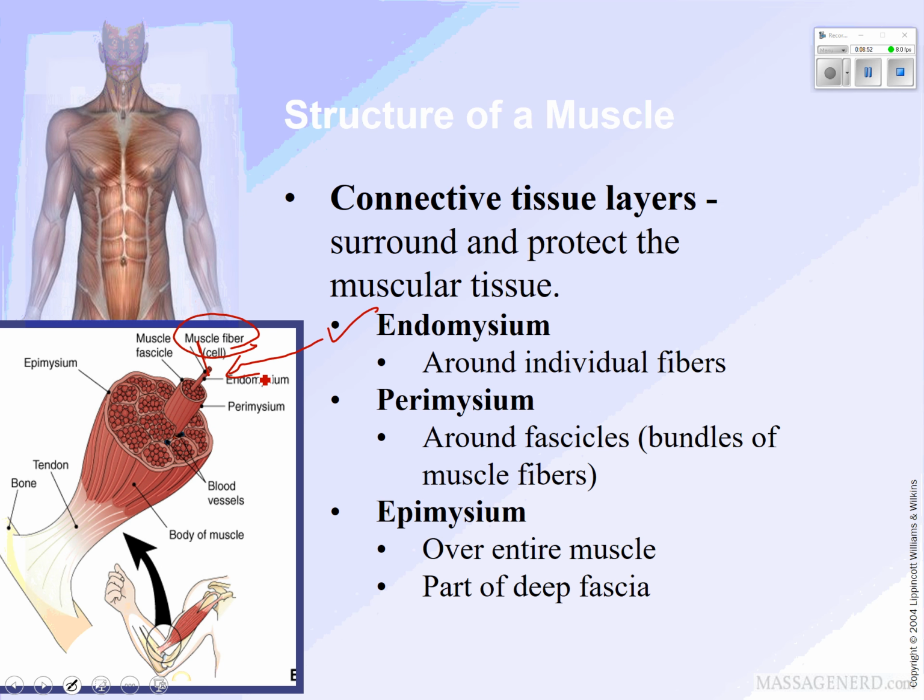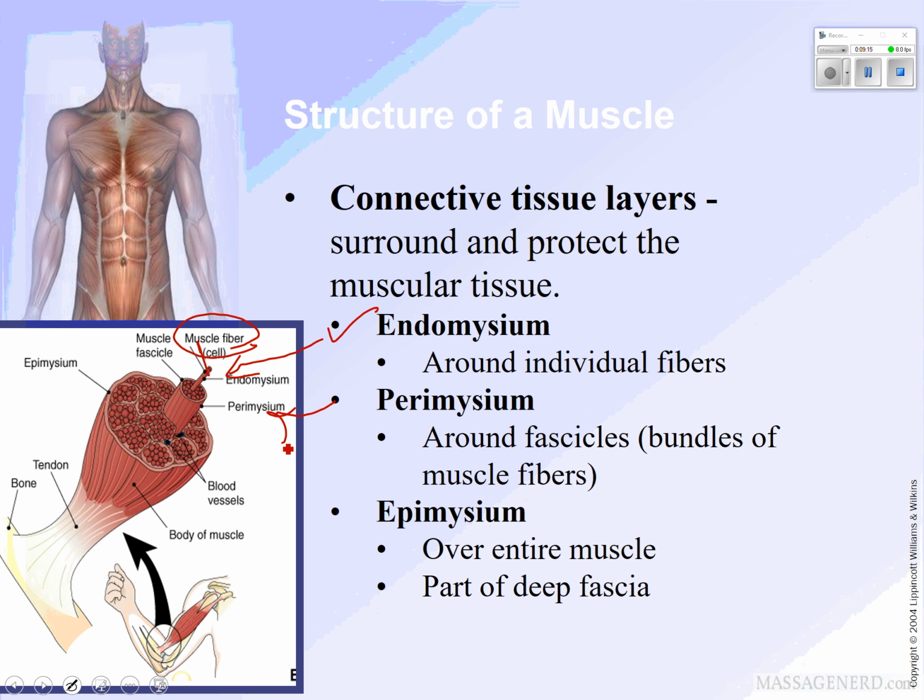Then you have a lot of these muscle fibers together wrapped in another layer, and that's called a muscle fascicle, when you have several muscle fibers surrounded by a connective tissue layer. That connective tissue layer is called your perimysium.